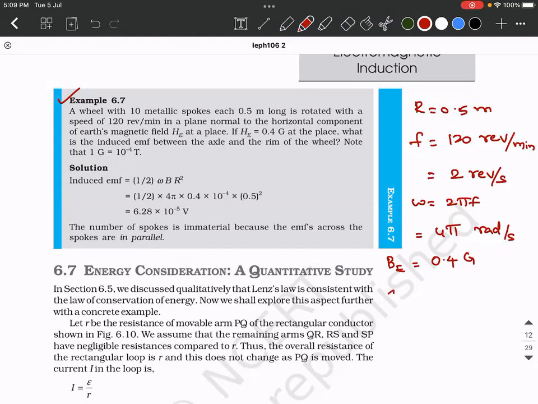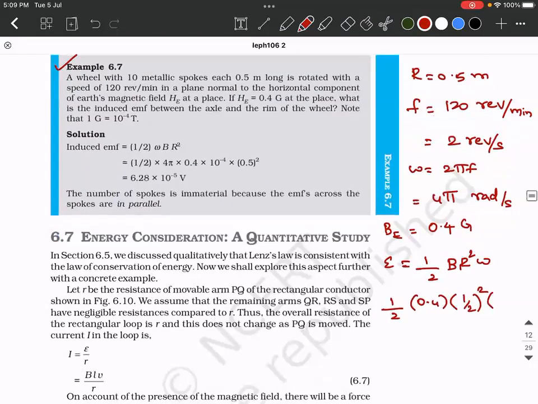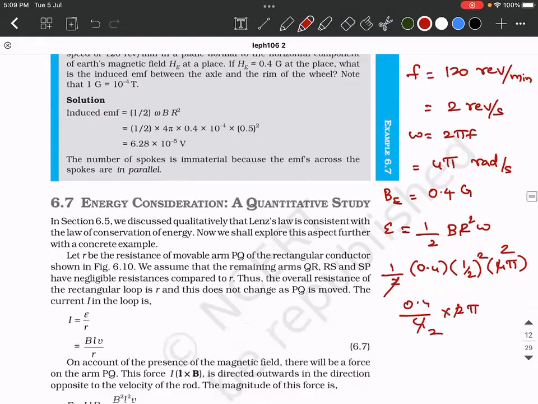So what is the formula for EMF? Half B R square omega. R square is (1/2) the whole square, and omega is 4 pi. So this and this will get cancelled. 0.4 divided by 4 into 2 pi. So this gets cancelled twice, and it will be 0.1 pi. Is it right?